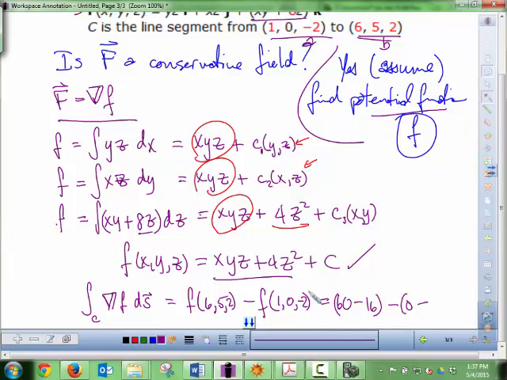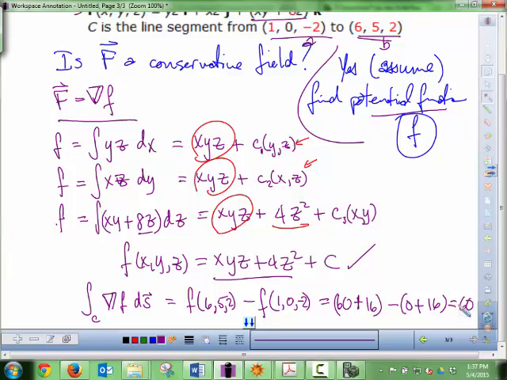Positive or negative? Positive 16. Oh, this should be positive also, right? Yeah. So we got 16 minus 16 is gone, so this is equal to 60.